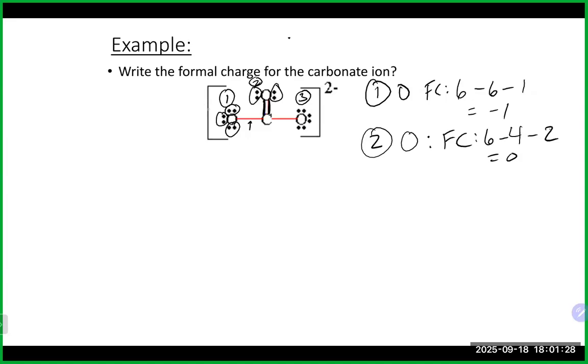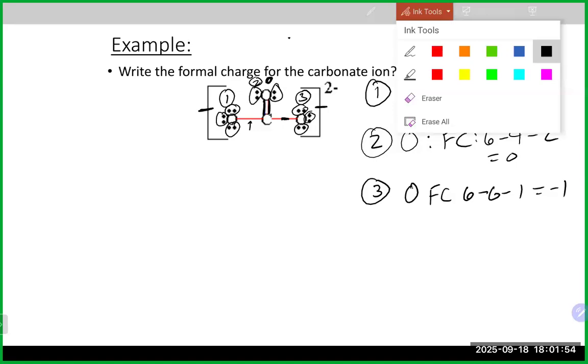So we have a -1 on the other oxygens and a 0 formal charge on the oxygen on the top. Oxygen number 3 is going to end up the same as oxygen number 1. We will end up with 6 minus 6 minus 1 bond, which gives me -1 in this case. So we got a negative there.